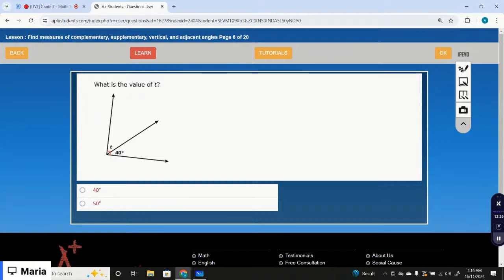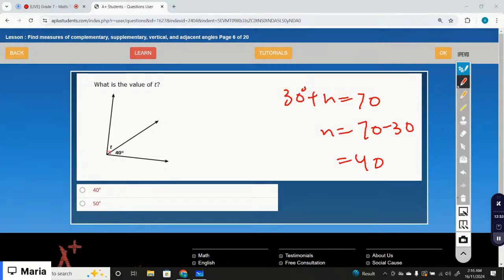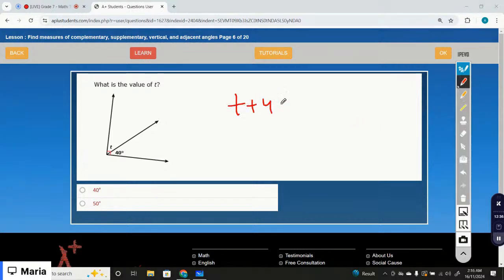T plus 40 degrees equals 90 degrees, right? So then T equals 90 degrees minus 40 degrees. The correct option is 50 degrees.